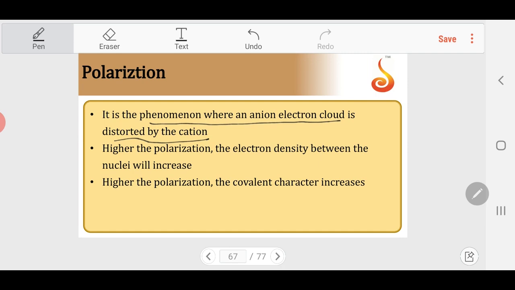Charge density will be very high on the cation, so it can attract the electron cloud of the anion very strongly. If the anion electron cloud is attracted very strongly towards the cation, the electron density between the two nuclei will increase. As a result, it introduces covalent character to the ionic compound. So the degree of covalency increases with the increase in polarization.